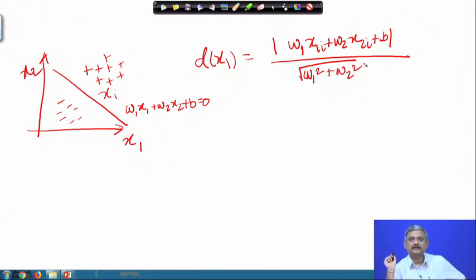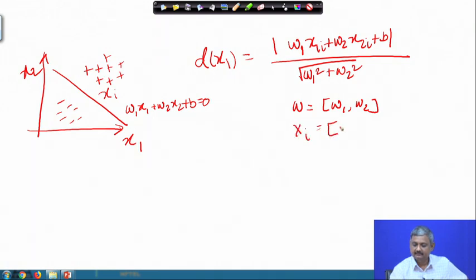So, let me write it in a slightly different vector notation. As you remember, I have previously defined the W vector to be this pair W1, W2. In general, in higher dimension it will be W1, W2, W3 in 3 dimensions and so on, and x_i to be this vector x1_i, x2_i.